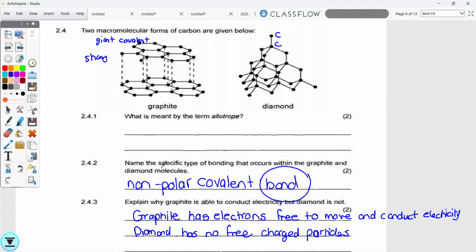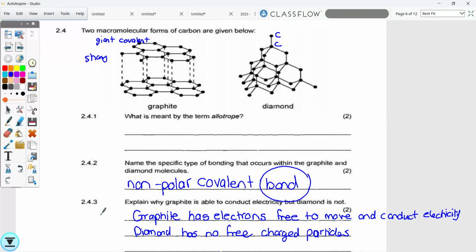Done. So yes, you spoke in detail about why that electron is free. But did the question ask you to explain that? So be careful of running out of time in an exam. But your answer was still perfect.